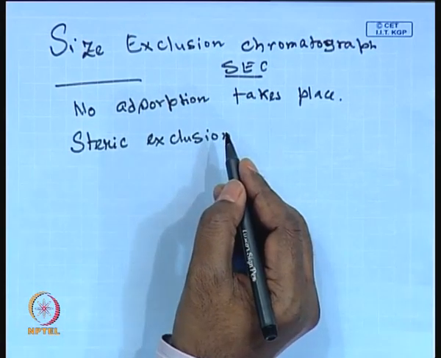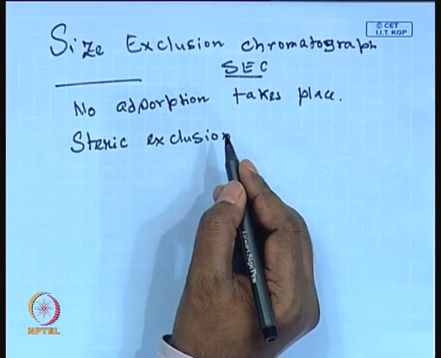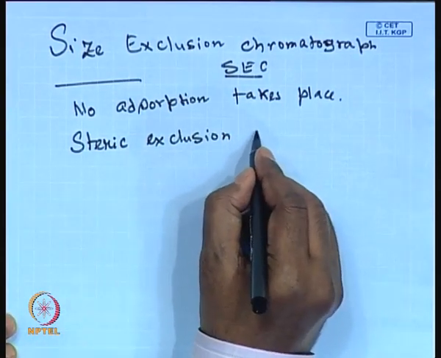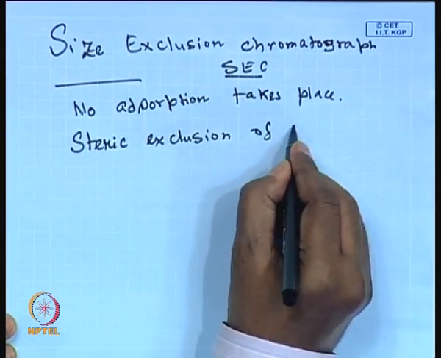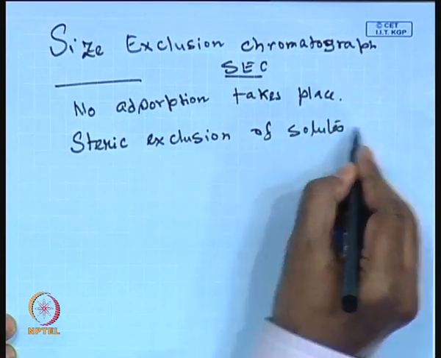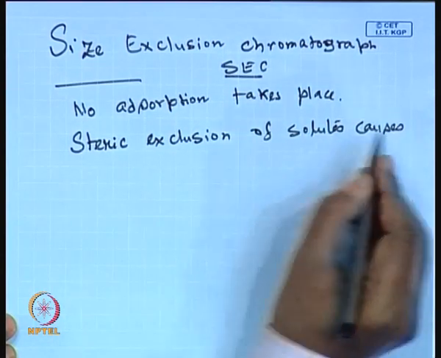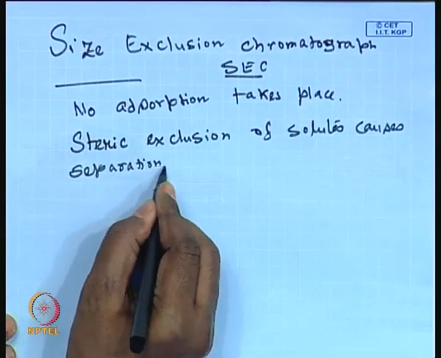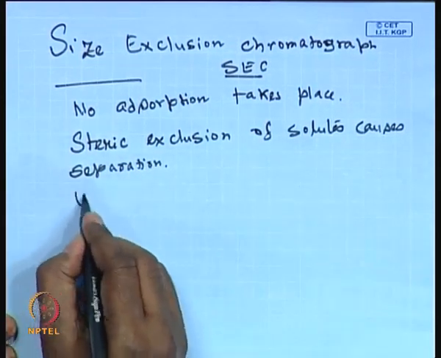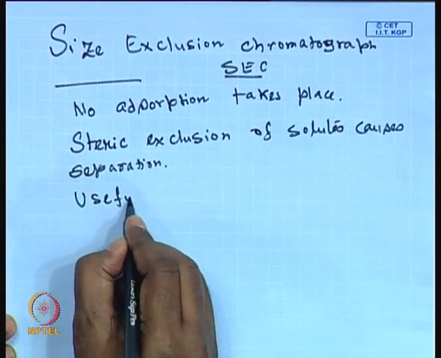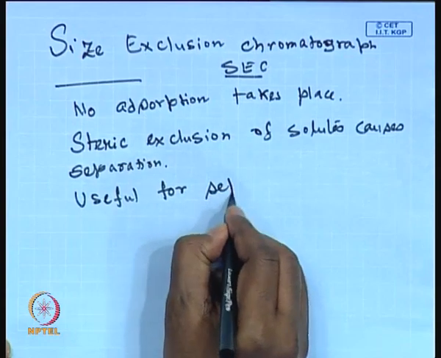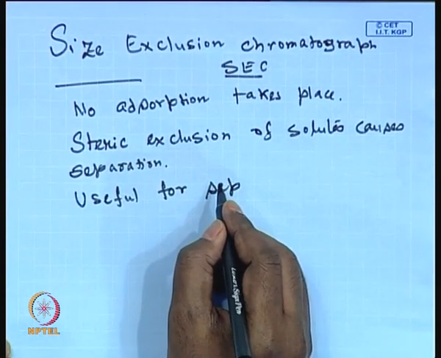That means, if the particle has larger size compared to the pores, it will be excluded, it will not go into the pores. Steric exclusion of solutes causes separation. So, this method is extremely useful for separation of larger molecules from smaller molecules.